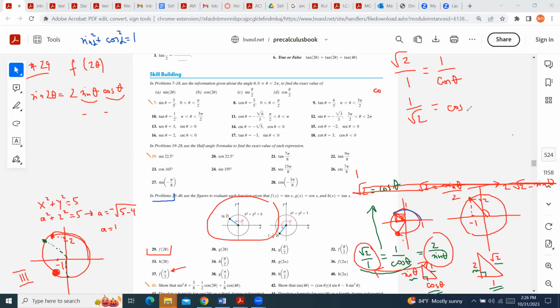Okay, I wasn't careful. Same with the second relationship. The second relationship is square root 2 over 1, again, is equal to 2 over sine. So I'm going to flip both of them. So I get sine over 2 is equal to 1 over square root of 2.